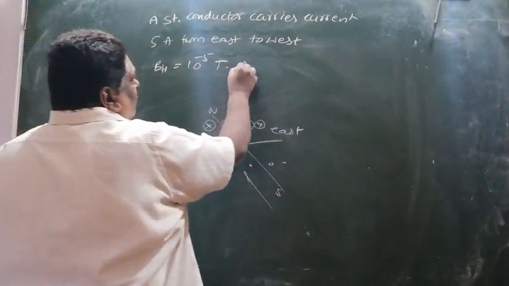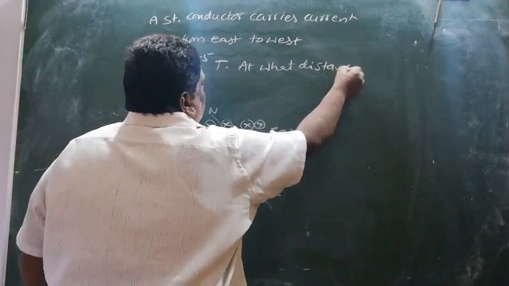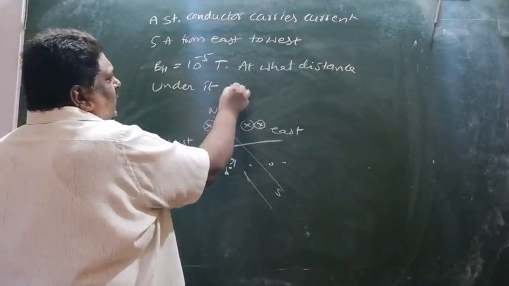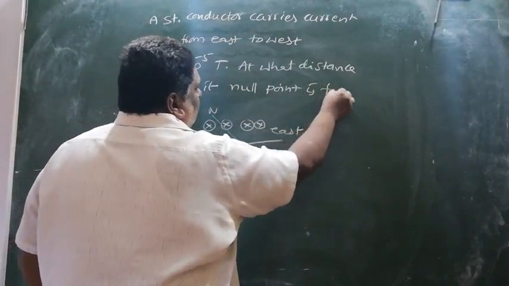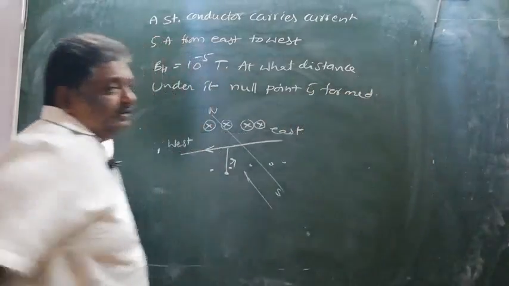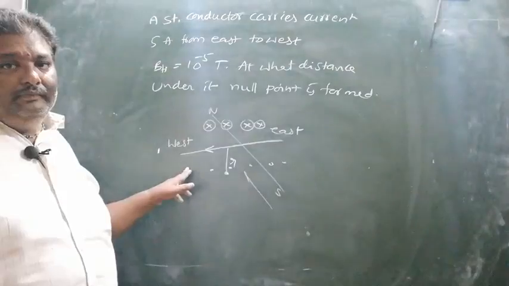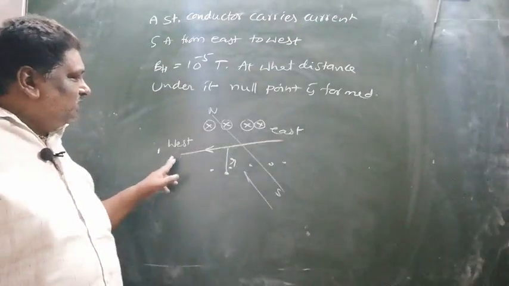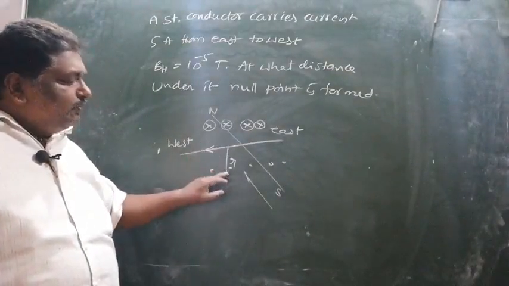Then at what distance under it is the null point formed? That is the question. So one conductor carrying current from east to west. Then under the conductor, at what distance will the null point be found?